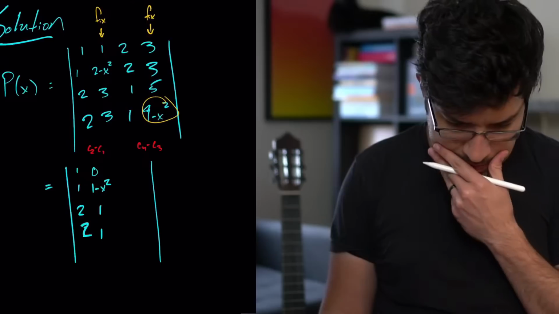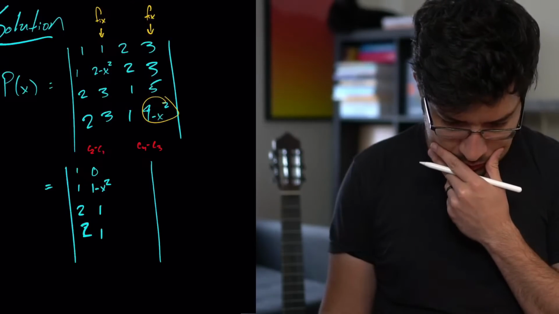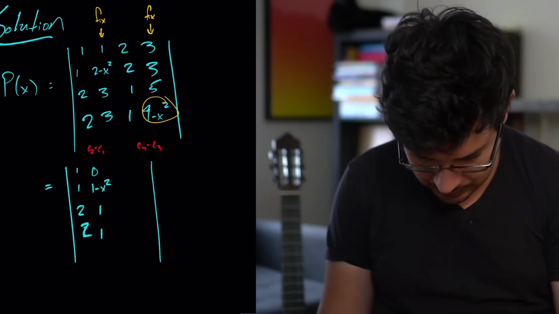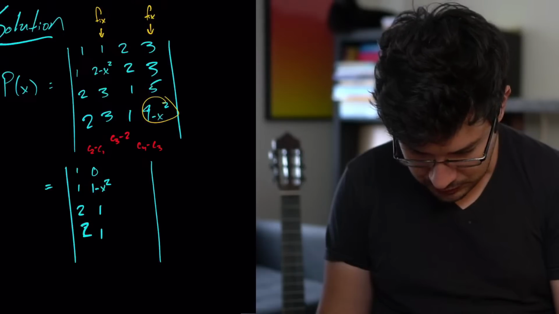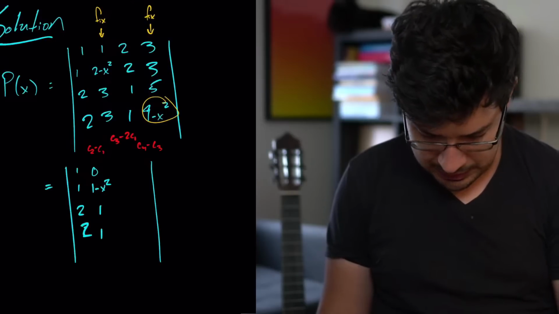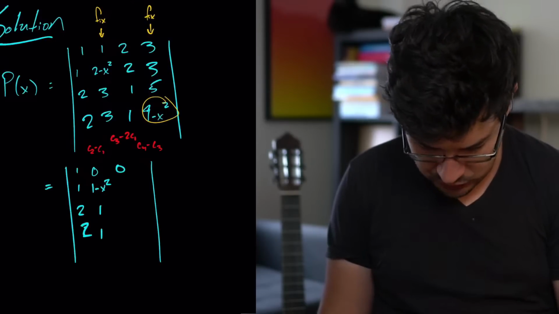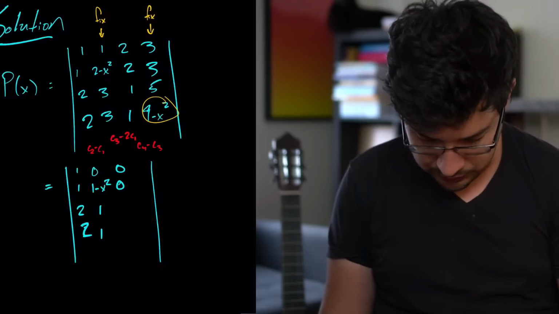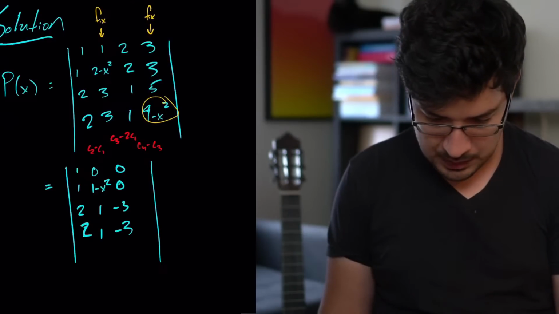Let's do column 3 minus 2 times column 1. That way, 2 minus 2 is 0, 2 minus 2 is 0, 1 minus 4 is negative 3, and 1 minus 4 is negative 3.